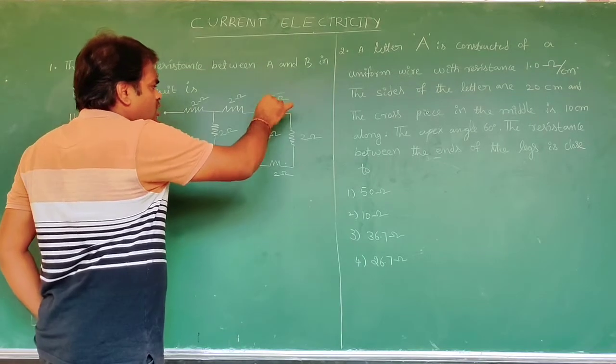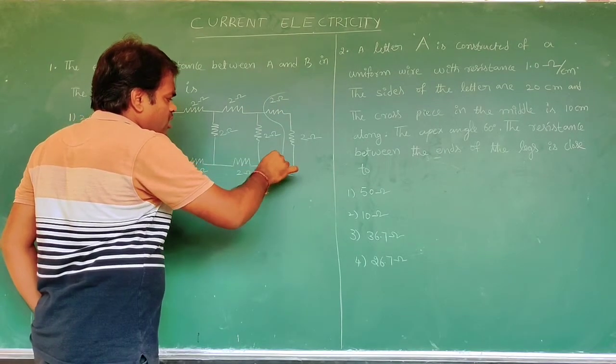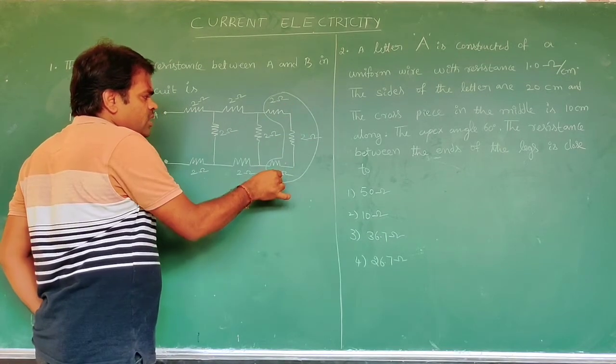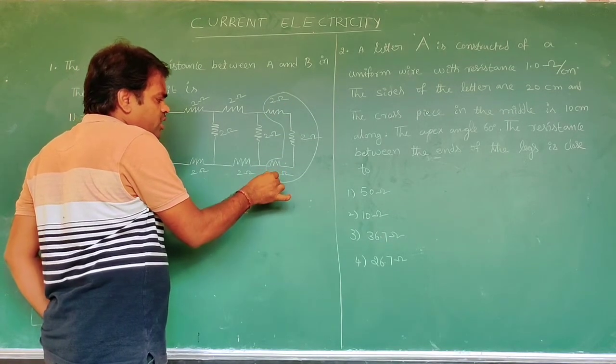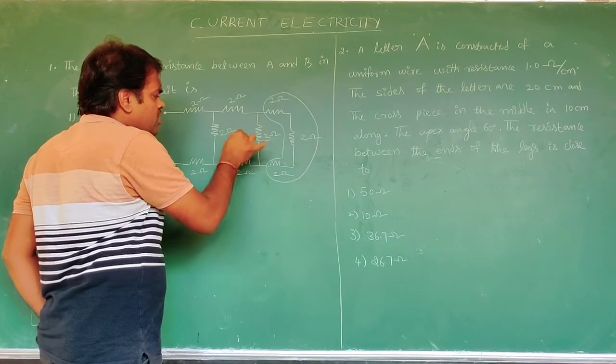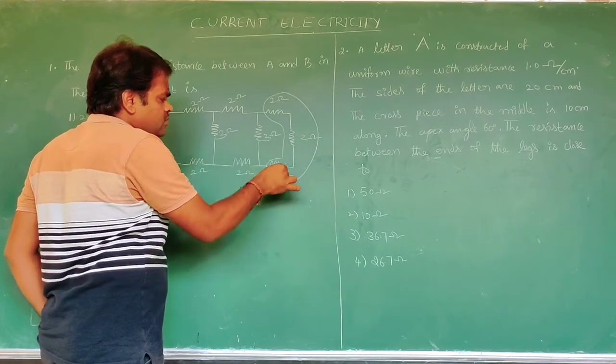See here, these are in the series combination. Series combination means what? 2, 2, 2. That is total 6.